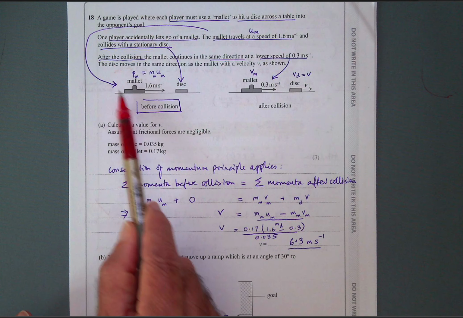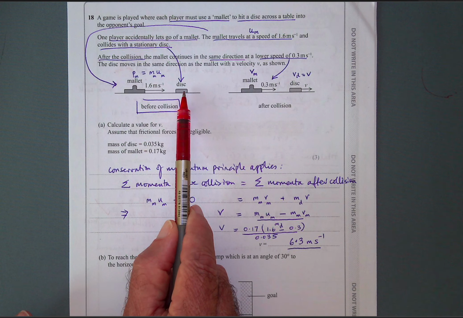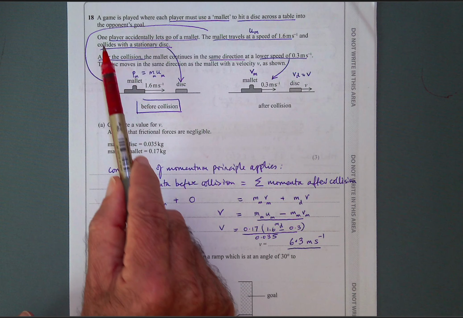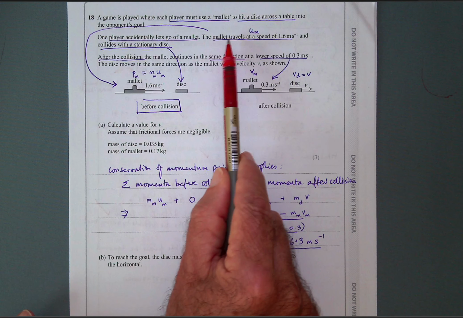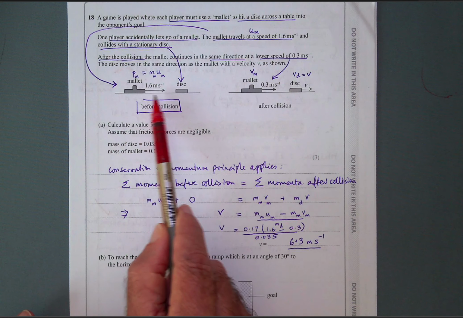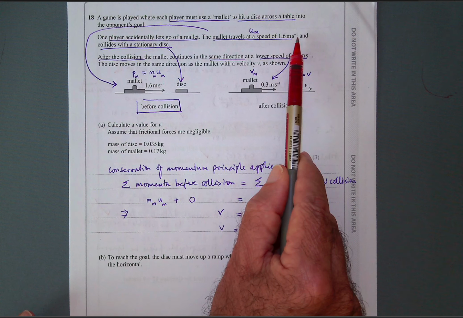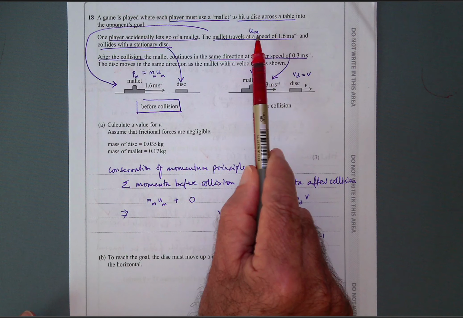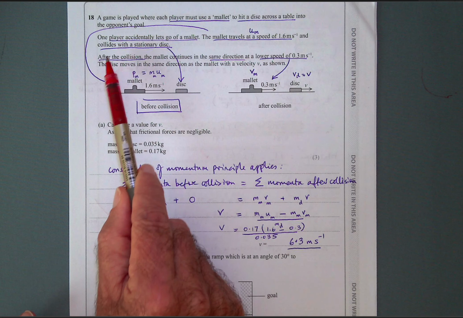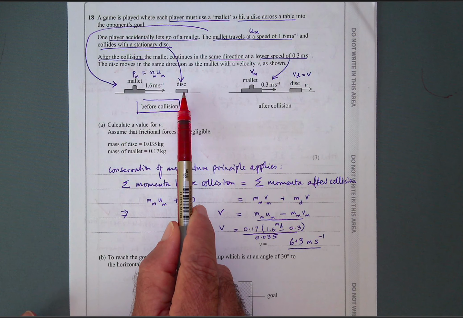Initially, the mallet is the only thing moving. The disc is stationary before the collision. One player accidentally lets go of the mallet. The mallet then travels at a speed of 1.6 meters per second. So that's the initial speed of the mallet. I put it as um, and it collides with the stationary disc here.